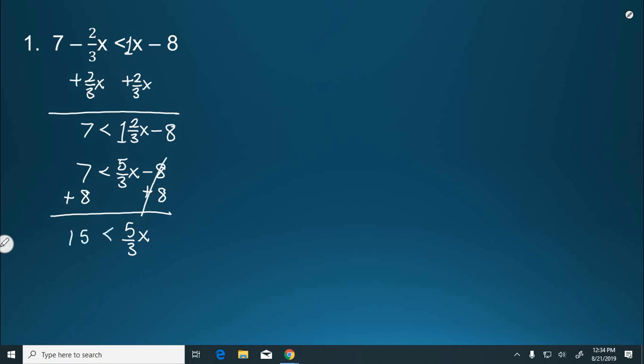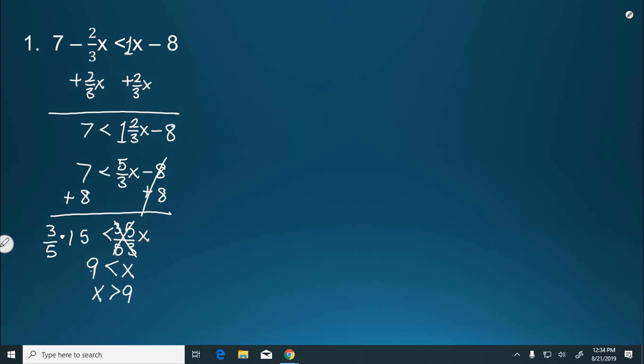Now we have 5/3. The inverse or opposite of 5/3 is to multiply by 3/5. Cancels. Multiply by 3/5. And now we have x is greater than 15 divided by 5 is 3 times 3 is 9. So right now it's read as 9 is less than x. We can flip it, so x is greater than 9.